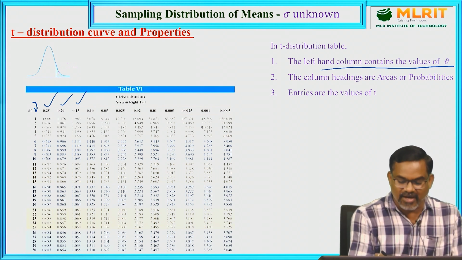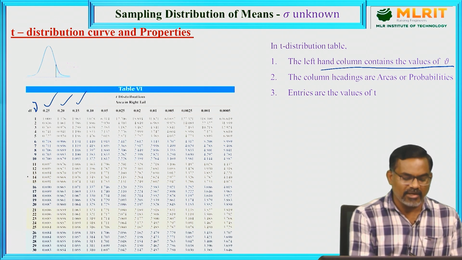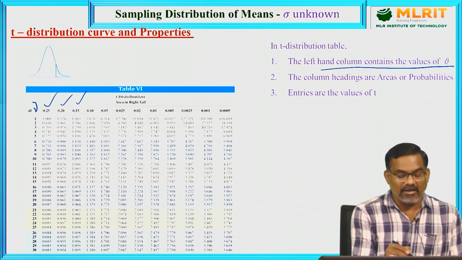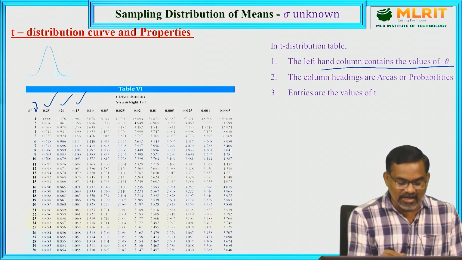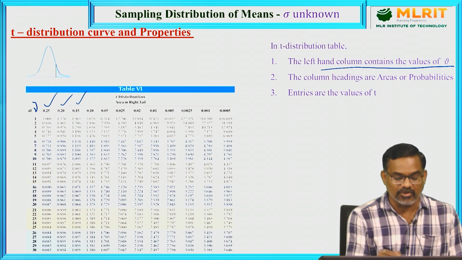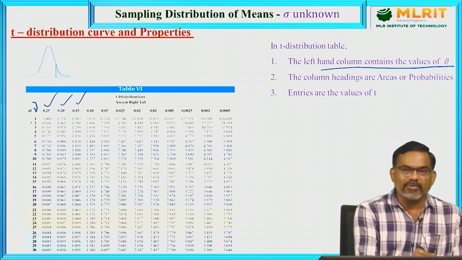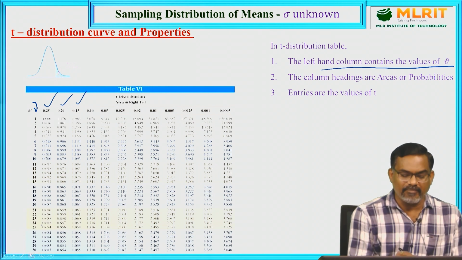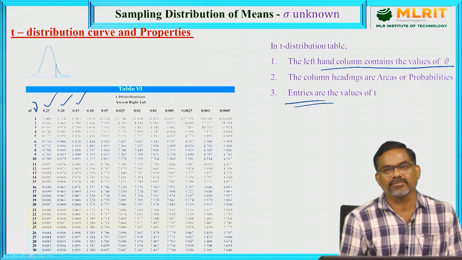Corresponding to the degrees of freedom mu, we can find the area to the right of a positive value of t or area to the left of a negative value of t. Similarly, if we have the area, we can find the corresponding t value also using this table.